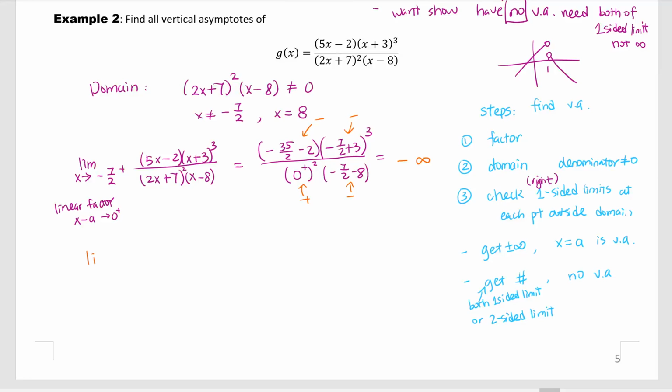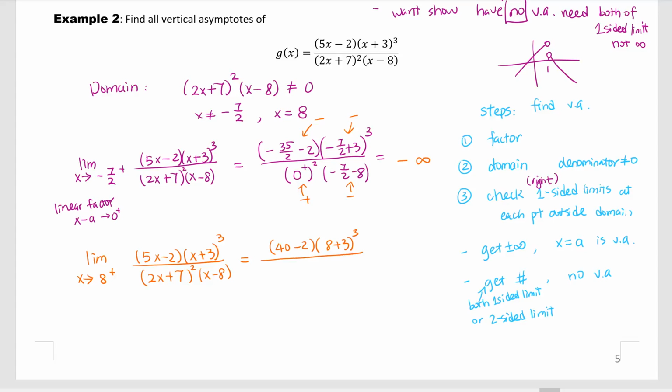Alright, so let's continue. Limit as x goes to the other number, 8, from the right. Okay, so let's plug in. When we plug in 8, 5 times 8 is 40, 40 minus 2, 8 plus 3 cubed.